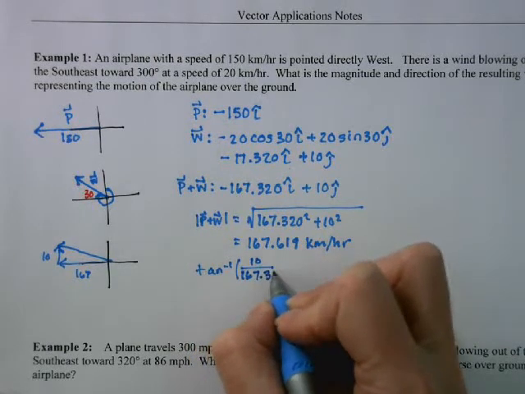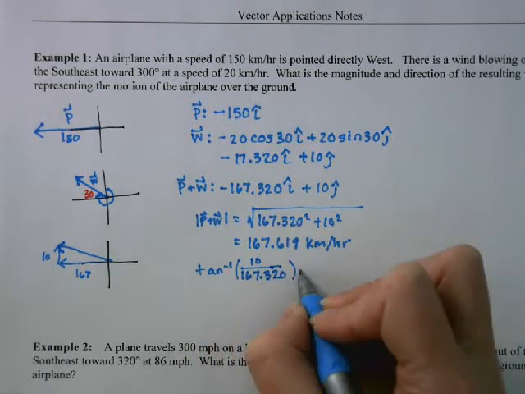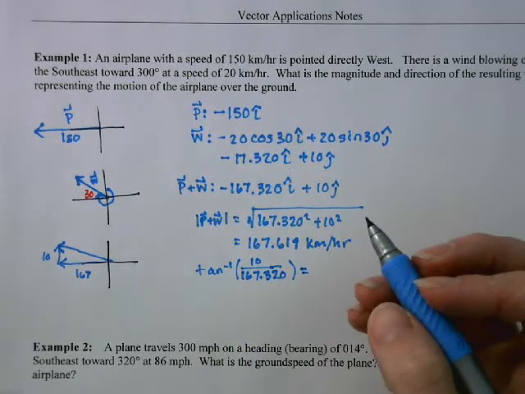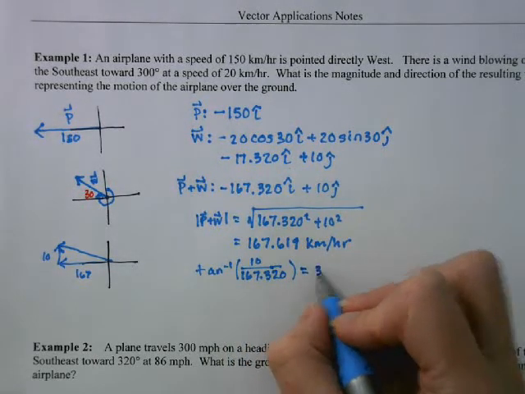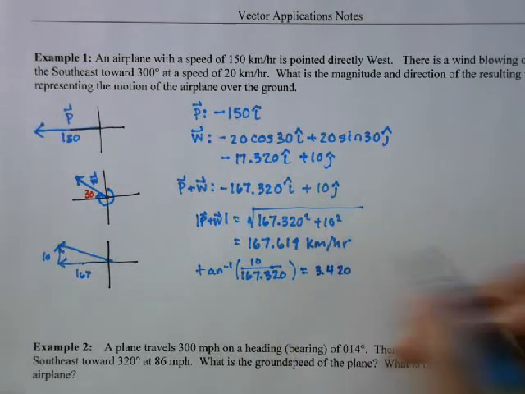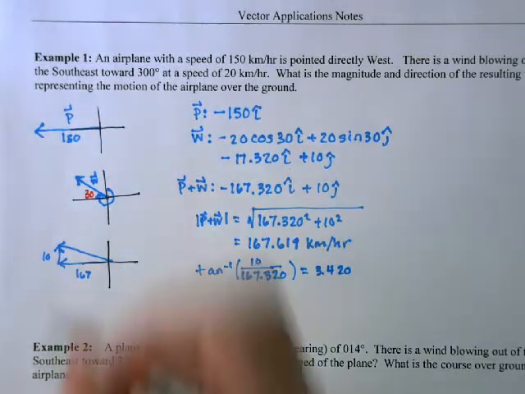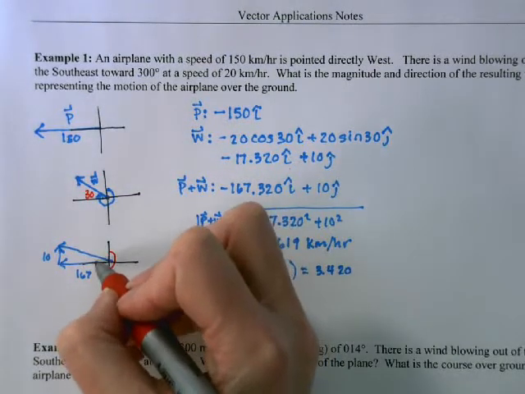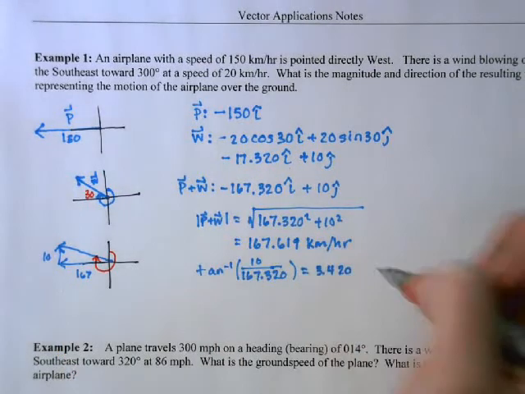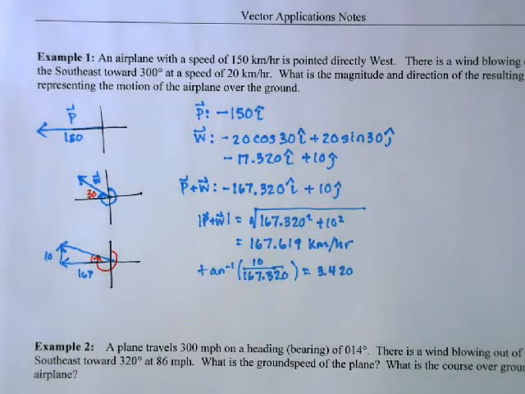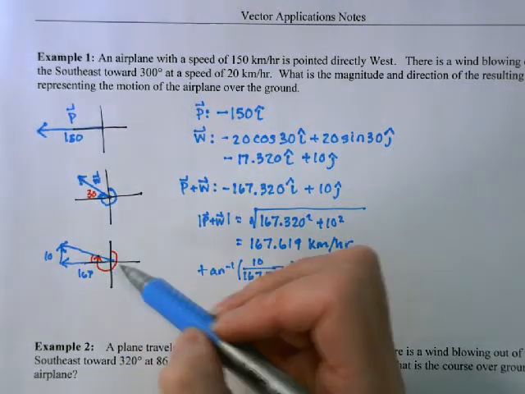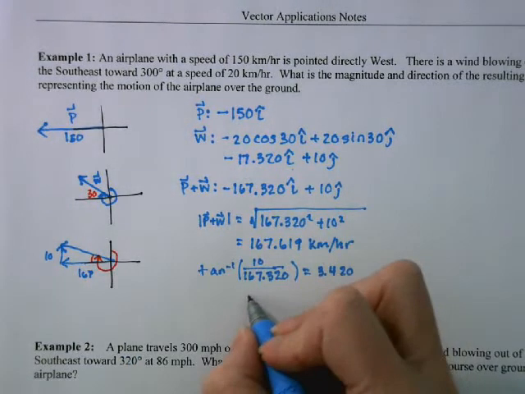Ignore the negative, we don't care about the negative here. That gets me 3.420. But that's not the angle that we want. We want the bearing. I want the angle from here to here. What I have is the 3.4. So what I'm going to do is add, in this case, 270.